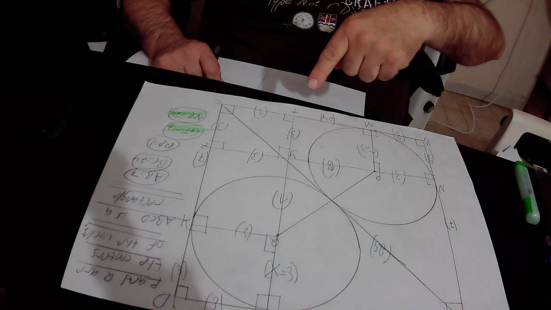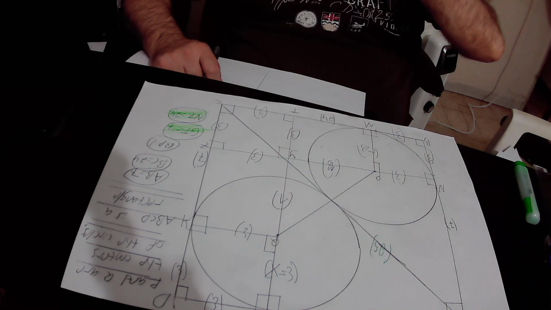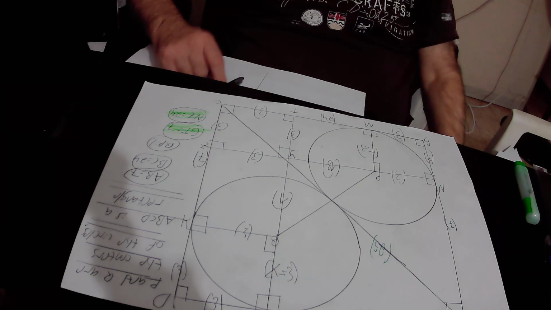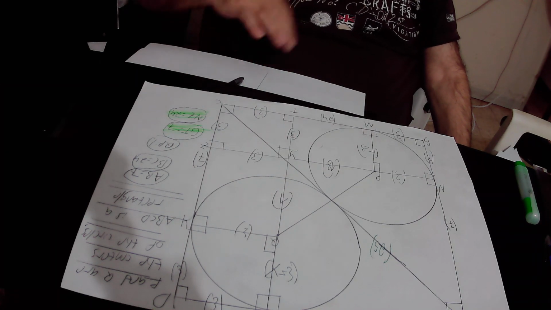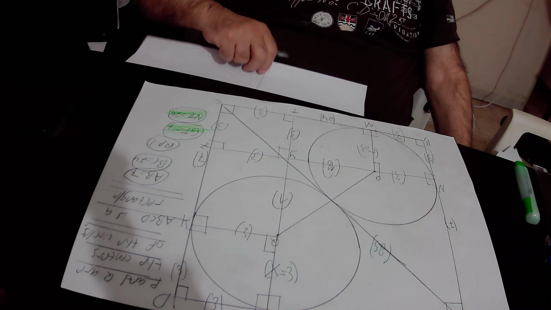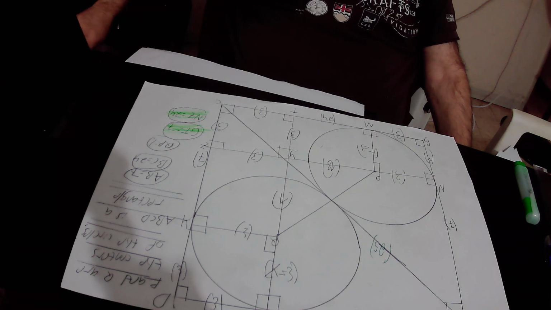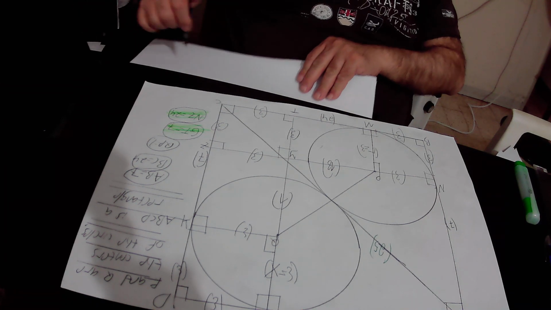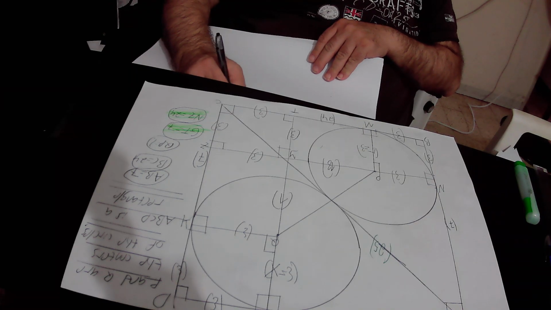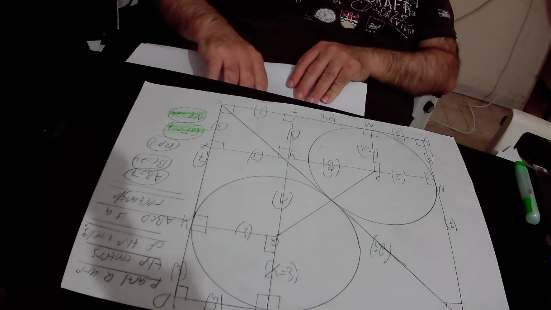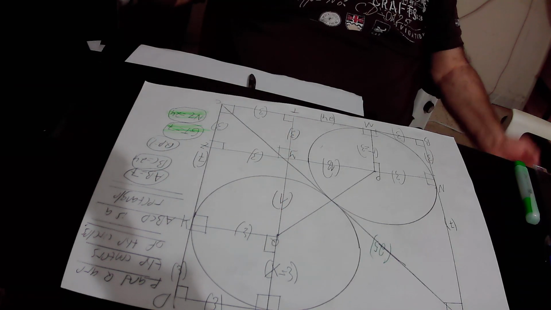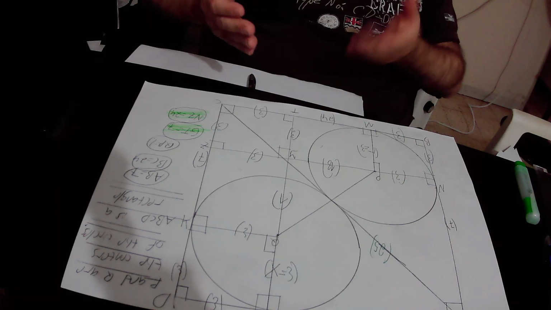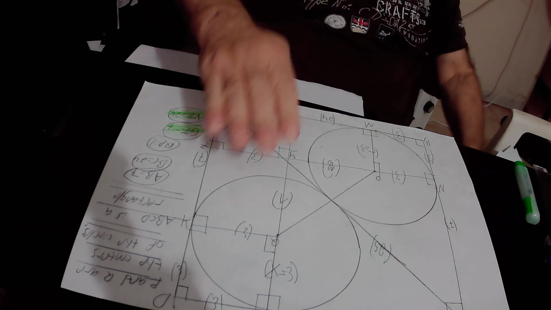GT must be also a straight line. So if we focus on this side of the straight line GT at point Q, the sum of the angles must be equal to 180 degrees, according to the rule that the sum of the angles on one side of a straight line is equal to 180 degrees. Which angles do we have at this side?